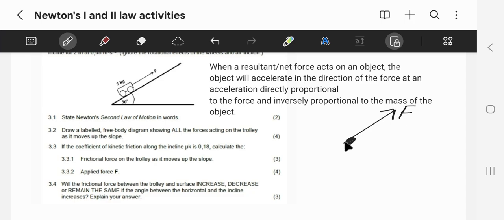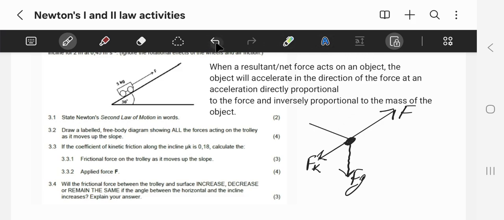We'll label this F. There will also be the force of gravity or weight, so we'll have Fg. Then we'll have the force of friction. We'll say it's kinetic friction in this case because it's been indicated for us. And our normal force will be like that.